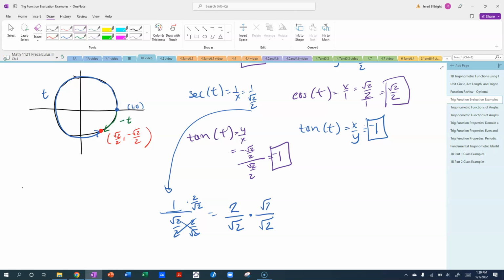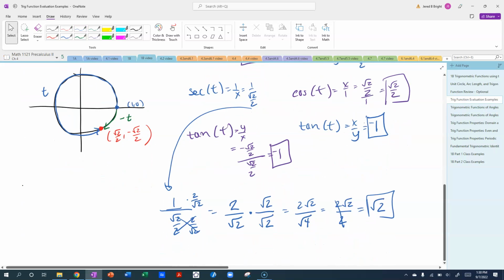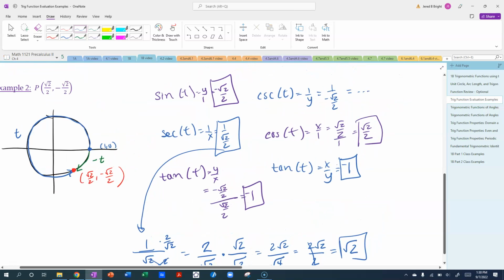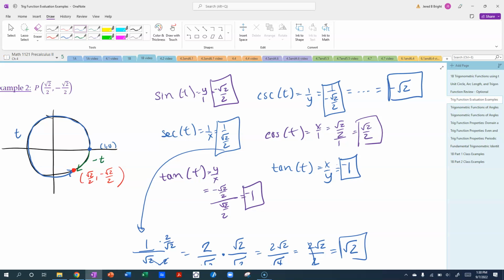So you'd multiply by square root of 2 over square root of 2 in this case, because then you'd get square root of 4 in the denominator. So you get 2 times square root 2 over 2, that would reduce, and you're left with square root 2. Okay, a little cleaner than what we had up here, but mathematically, I use equal signs throughout, so all the same. And similarly, you can go through similar steps and get negative square root of 2 for cosecant. Again, either one is perfectly acceptable.